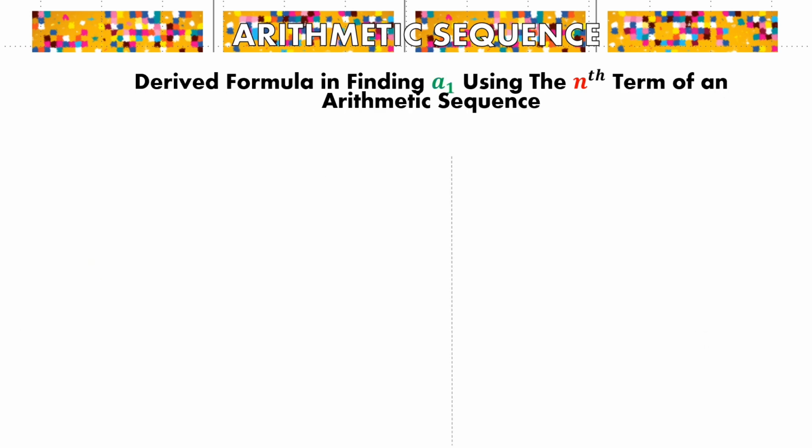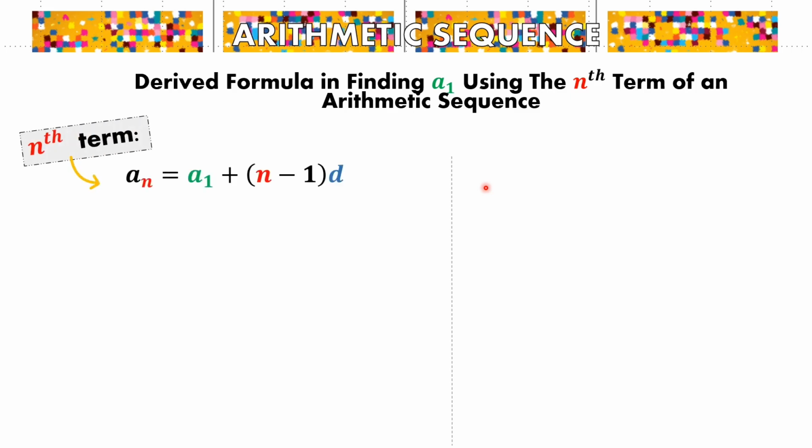Next is the derived formula in finding the first term using the nth term of an arithmetic sequence. The nth term is a sub n equals a sub 1 plus n minus 1 times d.